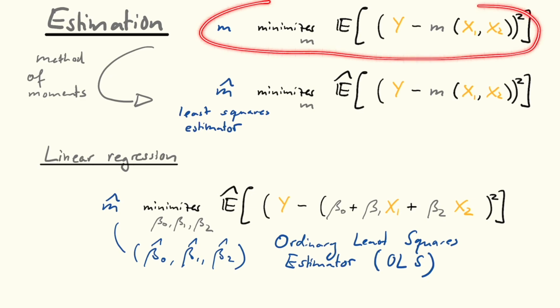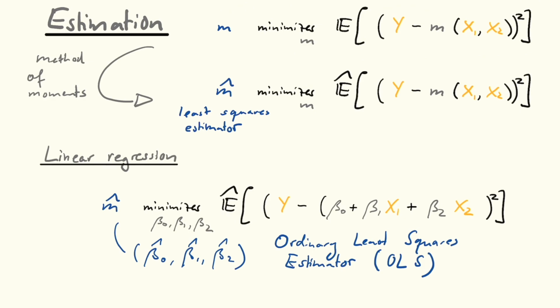This definition worked really well for the m function. It continues to work in the linear regression model, but it doesn't have to work for the coefficients. Now this may seem surprising, because if we have a unique m function, then in the linear regression model we should have unique coefficients, right?